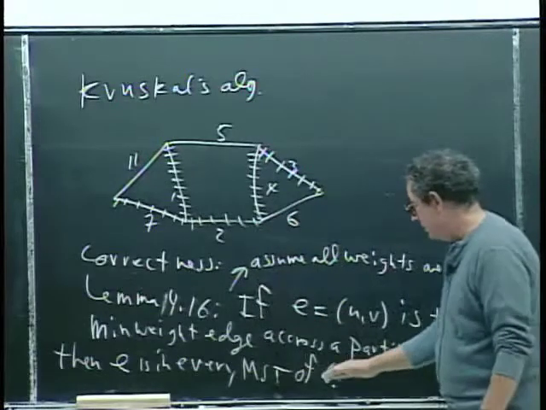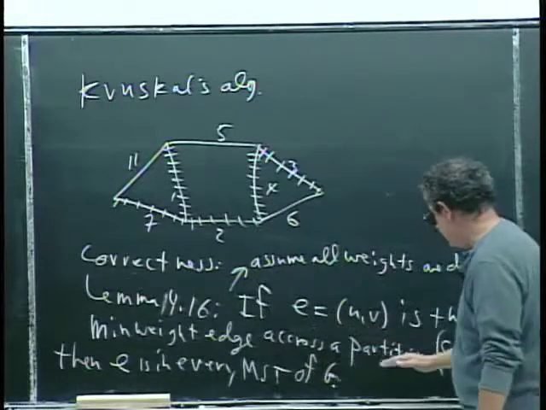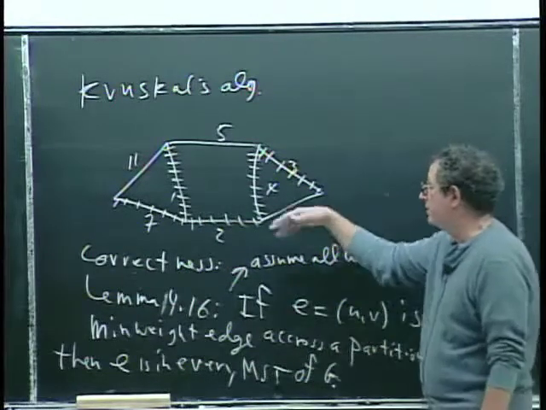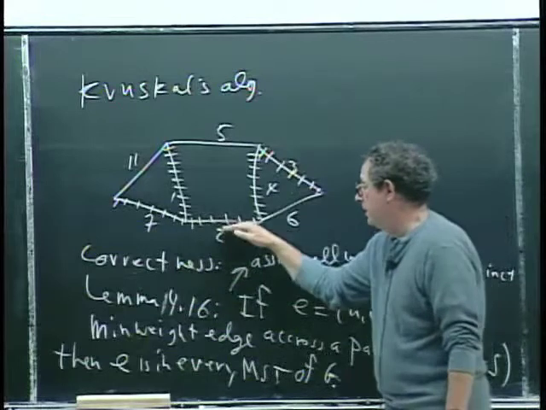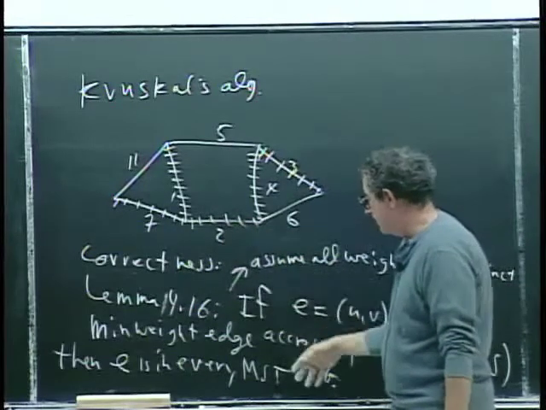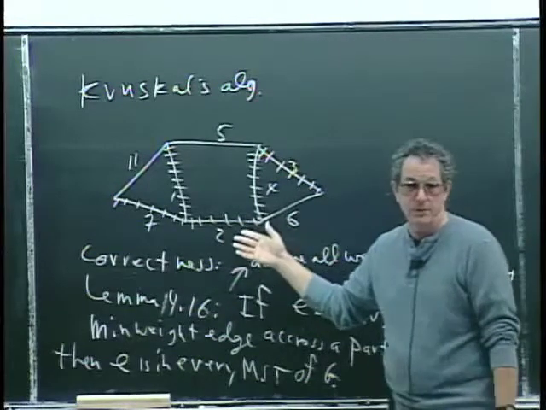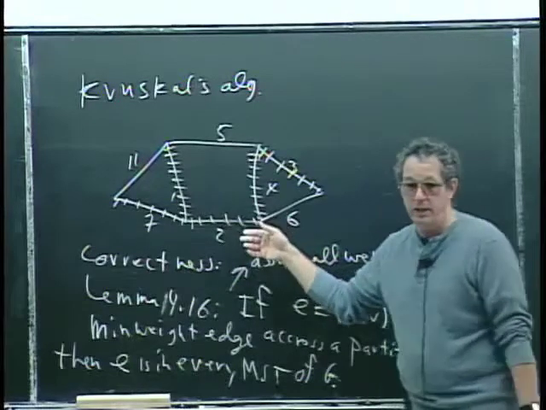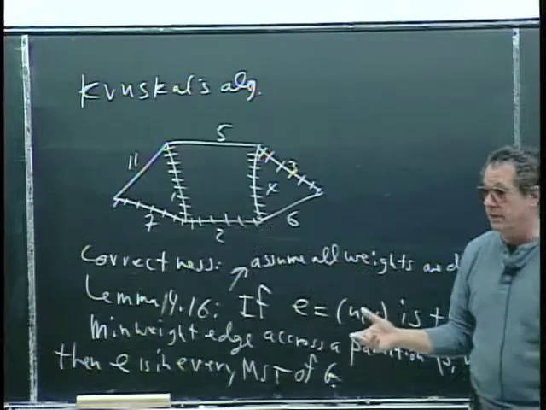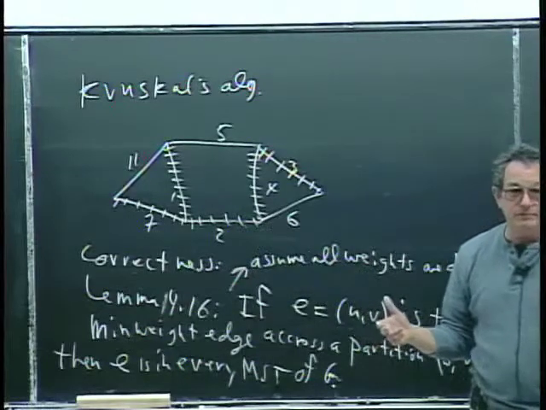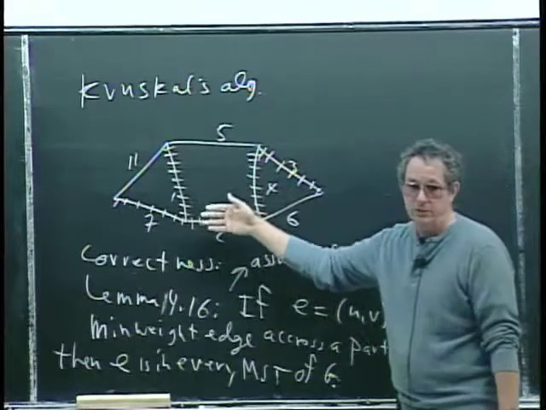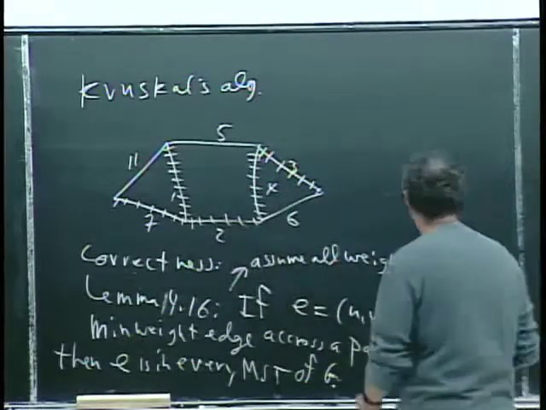And the lemma says that if you have an edge that has this property, then it's got to be in every minimum spanning tree of G. And so as this algorithm is proceeding, when it picks an edge and that edge has this property, it must be in that minimum spanning tree because it's in every minimum spanning tree. And so the algorithm never makes a mistake in the edges it selects. The only thing left you'd have to prove for correctness is that ultimately the algorithm finds a spanning tree. Okay, so we'll do those two things.